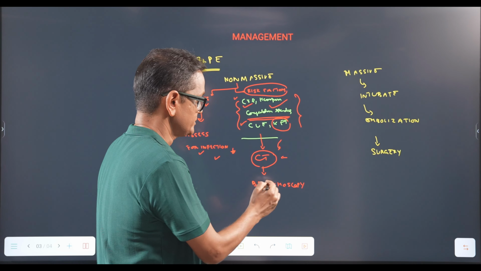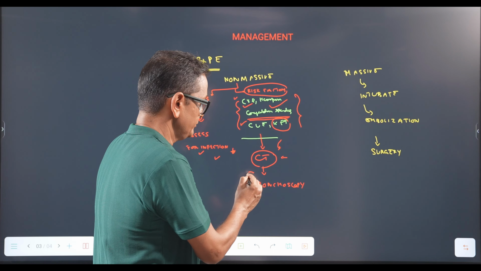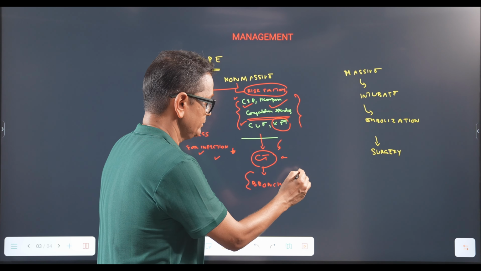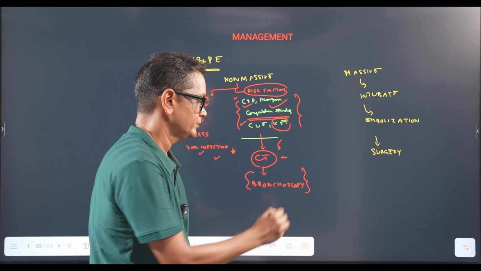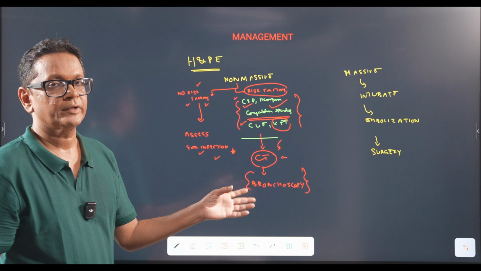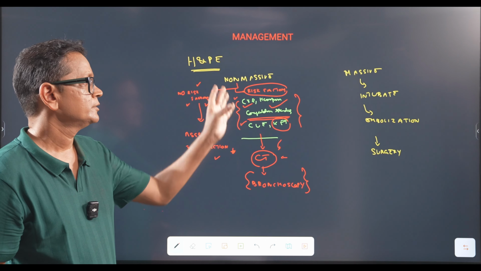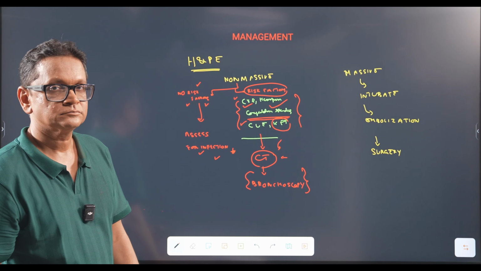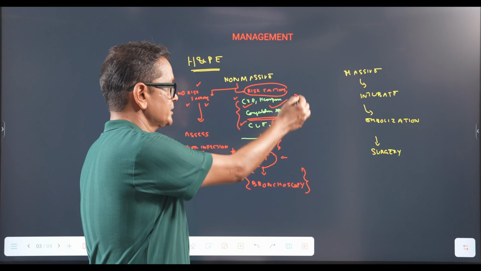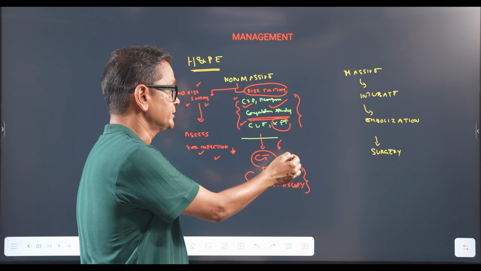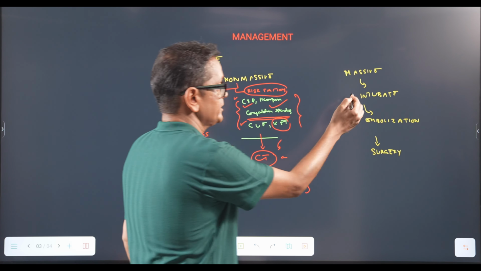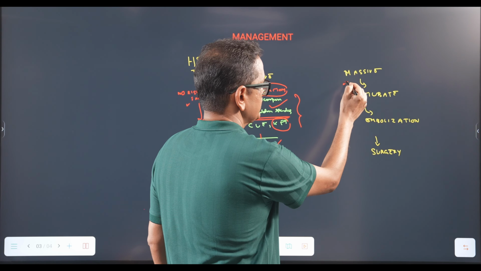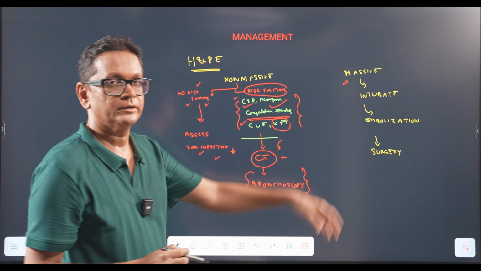So this is for non-massive hemoptysis, and if required, you can do flexible bronchoscopy at a later date to find out the exact etiology and pathogenesis. Clear? Here, these are compulsory but not urgent. On the other side, urgency or emergency lies here.